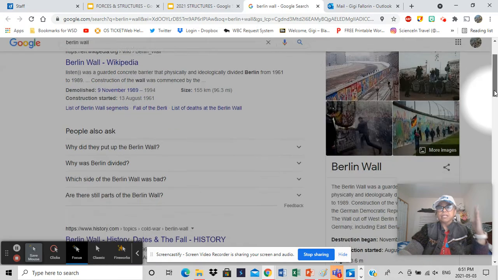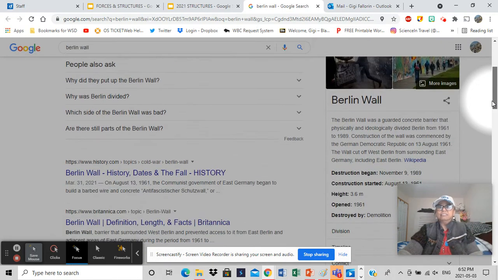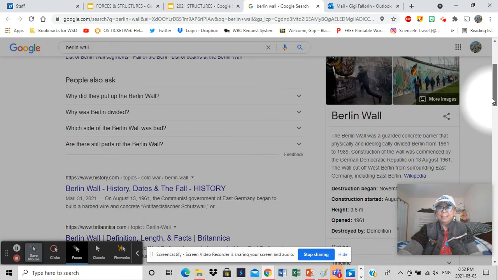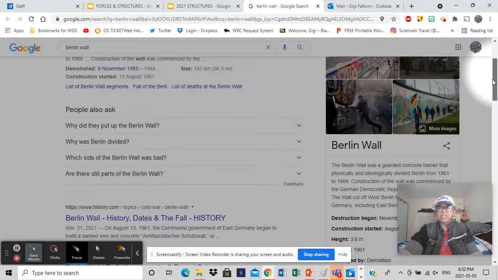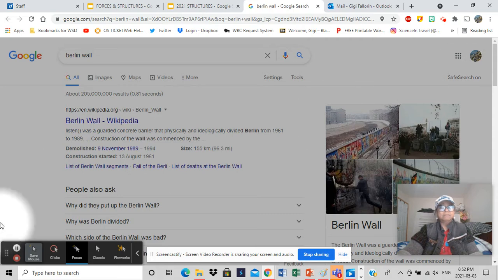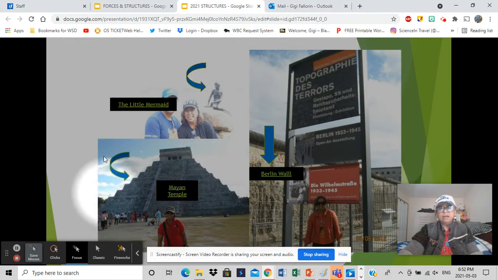The barrier was demolished, and freedom and democracy were experienced by the Germans. So, these are classic examples of mass structures. They're made of concrete, stones, bricks, or even some polished stones.